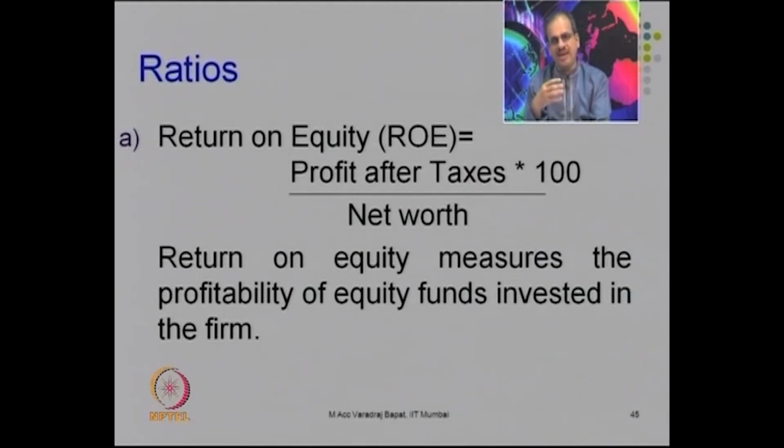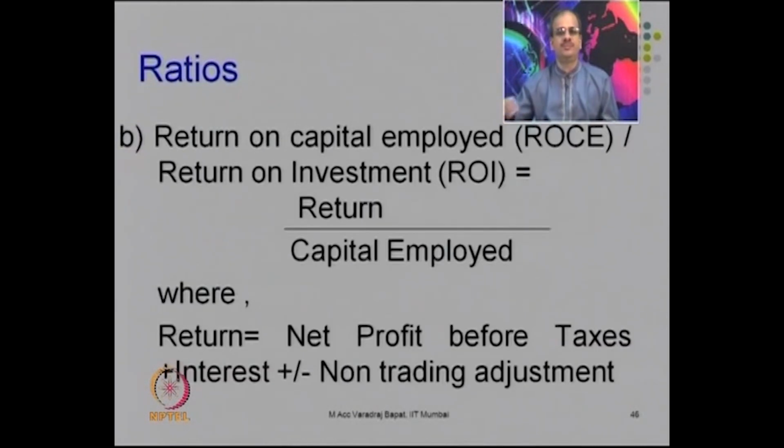Here we are trying to find, on the money of the equity shareholders, that is the net worth, what percentage return the company is able to earn. The profit available to equity shareholders is nothing but the profit after tax. So, we take profit after tax and divide it by net worth or owner's funds to get return on equity.